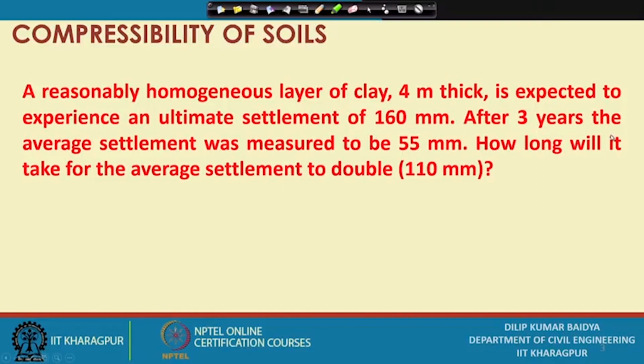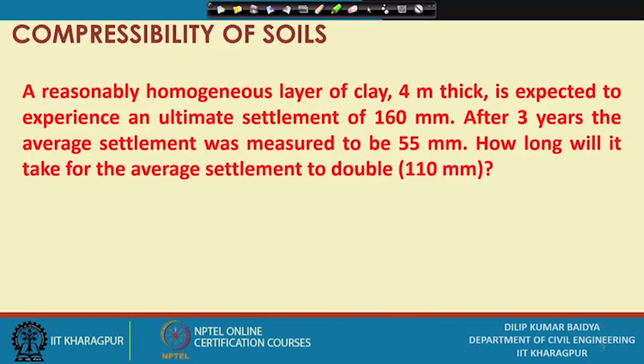After 3 years, the average settlement was measured to be 55 millimeter. How long will it take for the average settlement to double? So, 55 millimeter in 3 years it has come. To become double, how much time will it take?